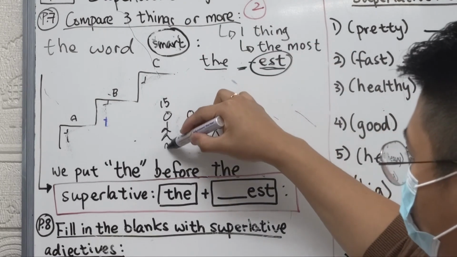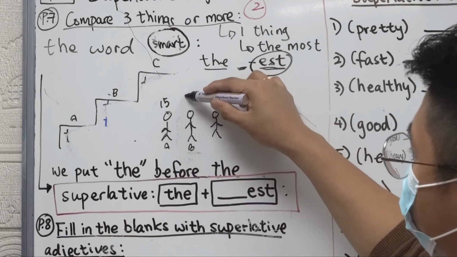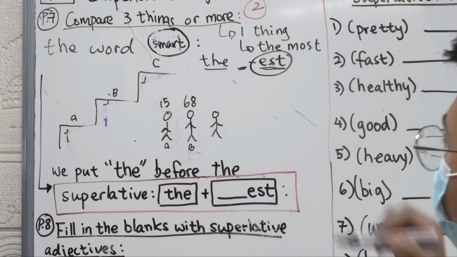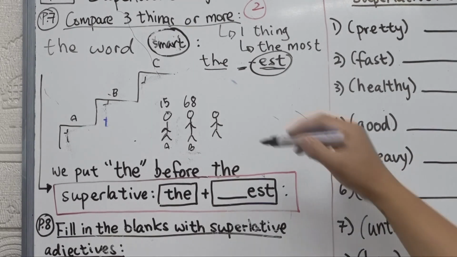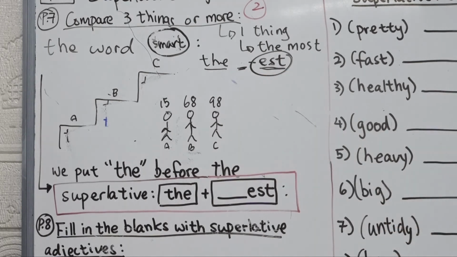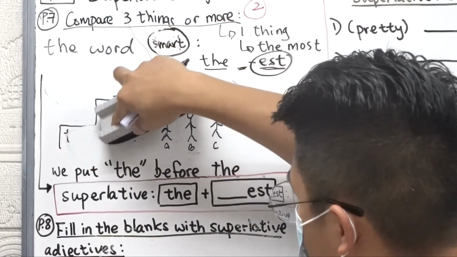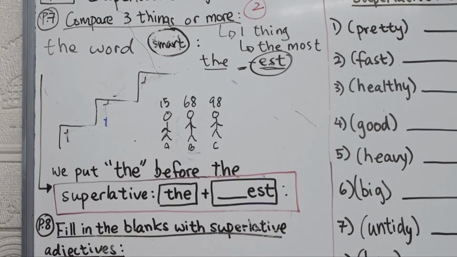B got maybe 68 out of 100. And C got 98 out of 100. So we have the word smart. We can say all of them are smart, but someone is smarter than someone, and someone is the smartest out of all of them.